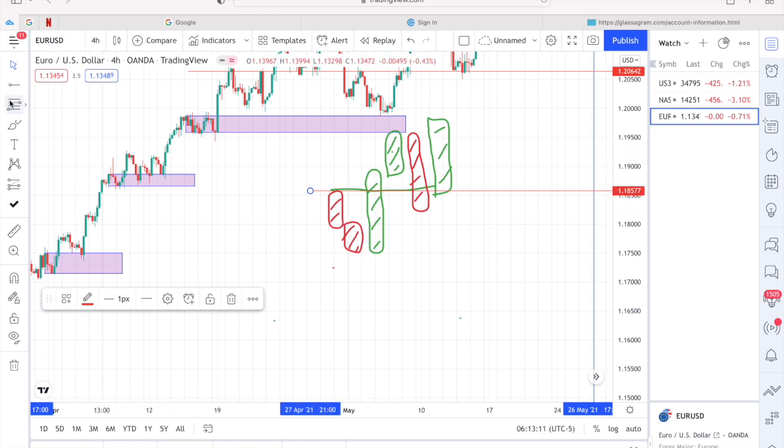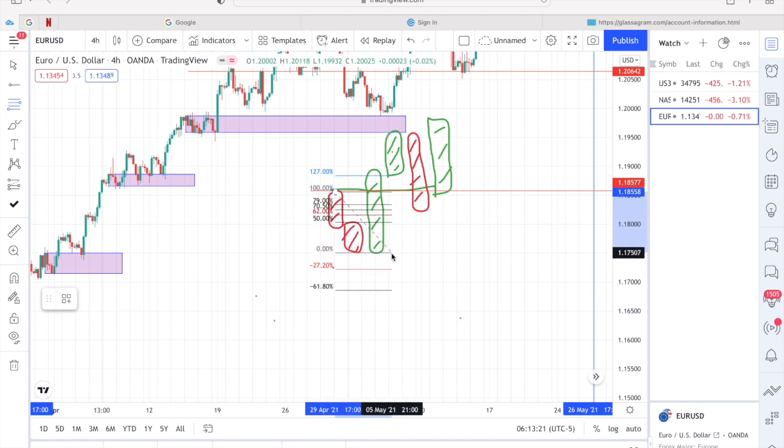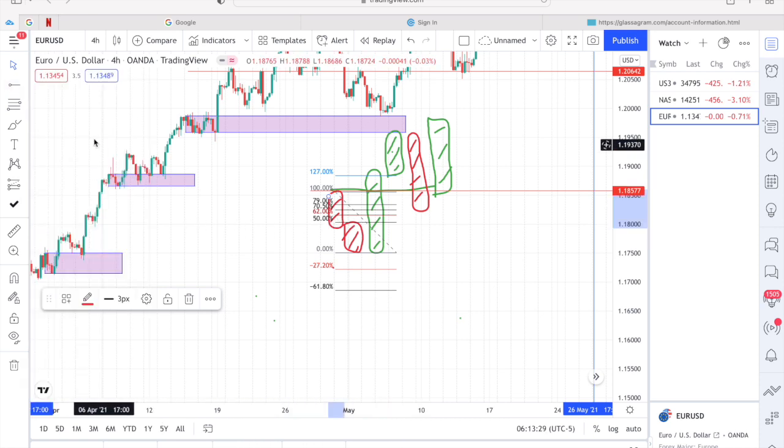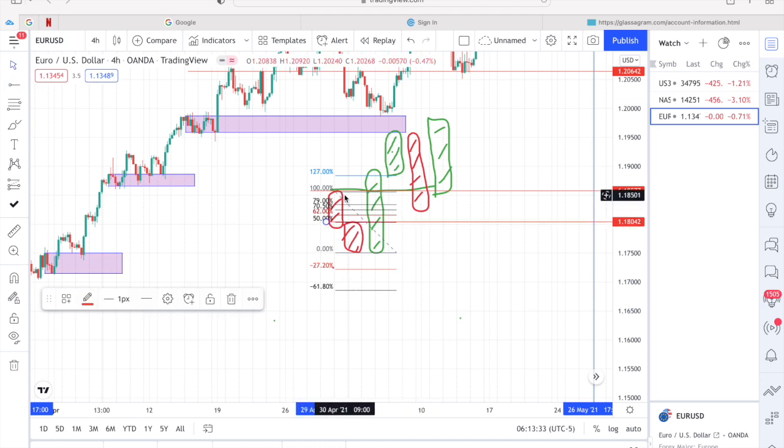You can take your Fibonacci tool. I hope you know how to use a Fibonacci tool. It's just a tool. You draw it, and after drawing it, you can measure 50%. That's halfway through here.